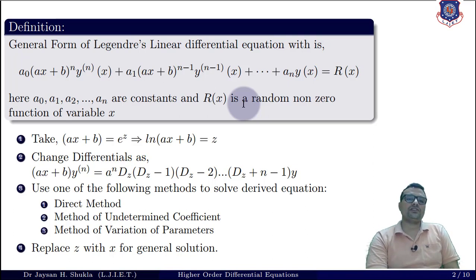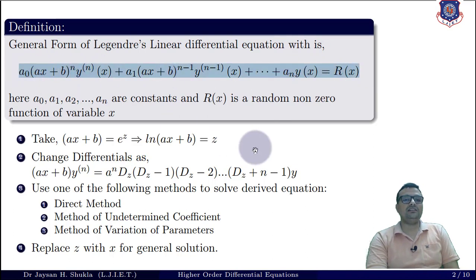So if we have this particular type of equation in an example to solve, where the coefficient is variable, particularly ax plus b, and the order is equal to the power of that term ax plus b, then only this method is useful.